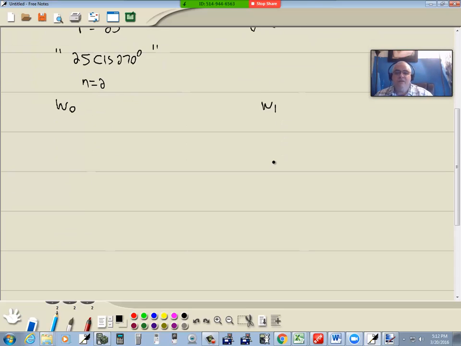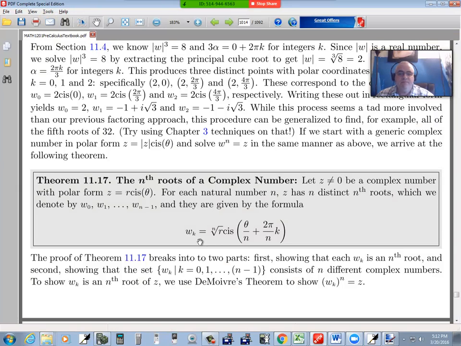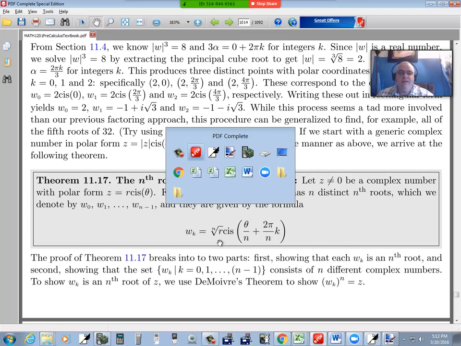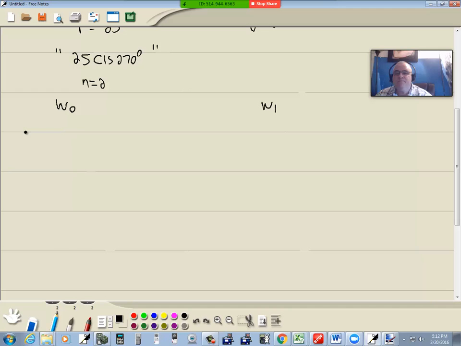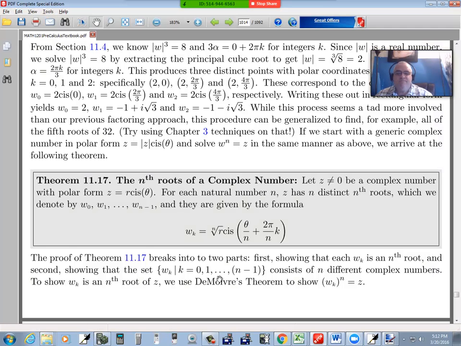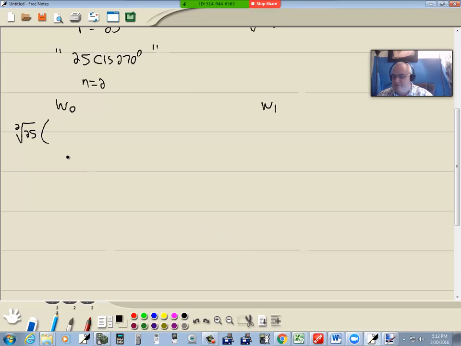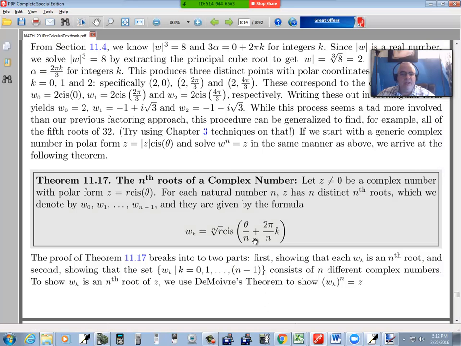So from the first one here, we're going to have the nth root of r. N is 2, so the square root of r, and r we said was 25, CIS, and then we have theta over n.